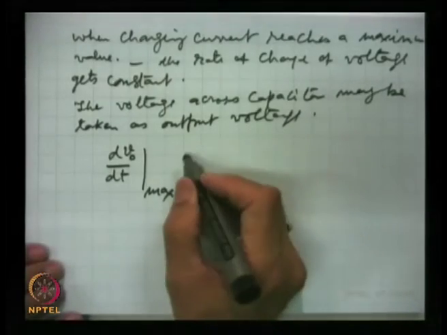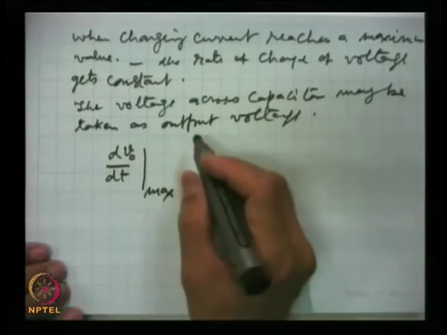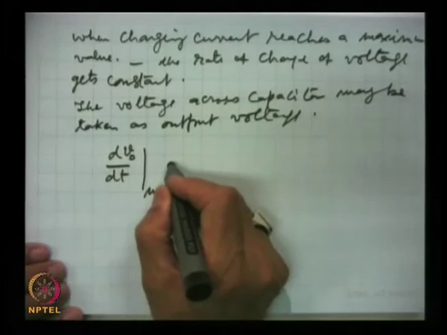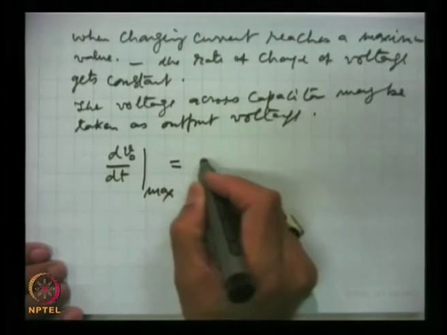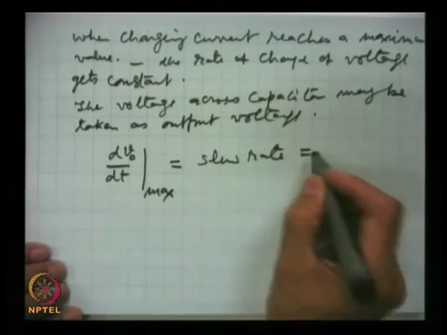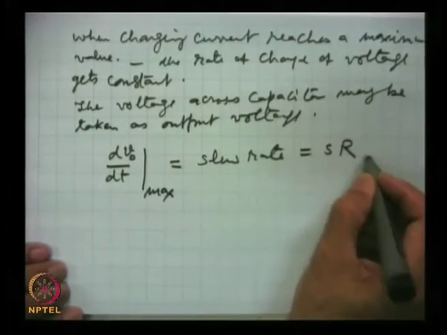So, this charging current puts this rate at a maximum, and this is known as slew rate, and it is written as SR.